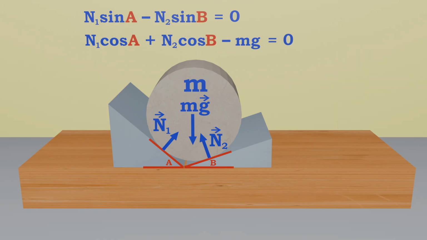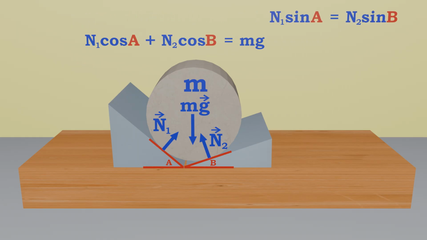Let's look at the equations. We have two unknowns, N1 and N2, so two equations are enough to find the solution. First, let's rewrite the equations in a more convenient form. Second, we solve for N1 in the first equation.